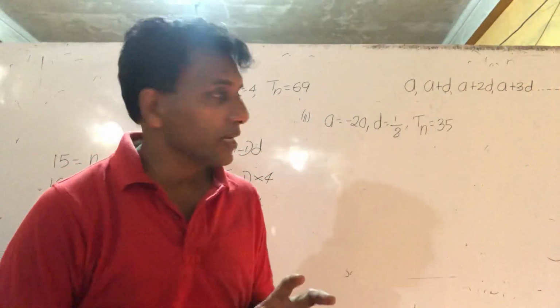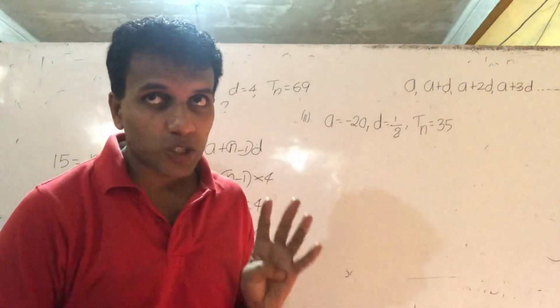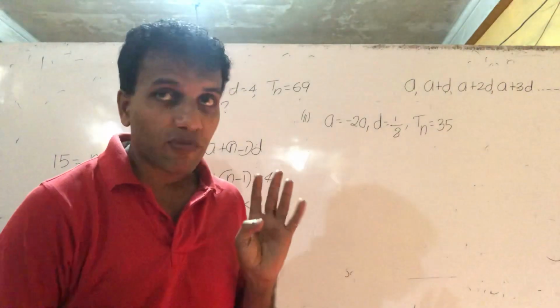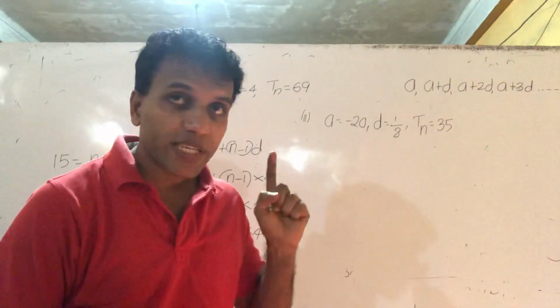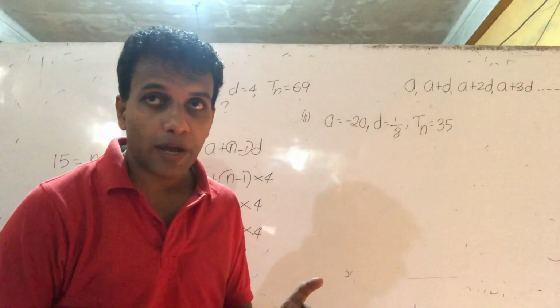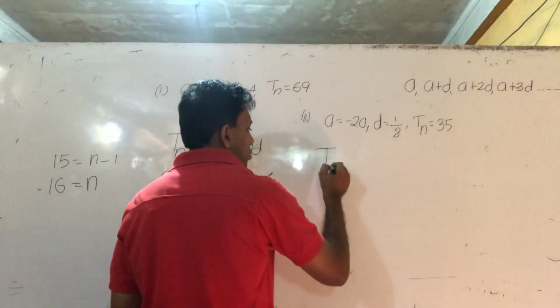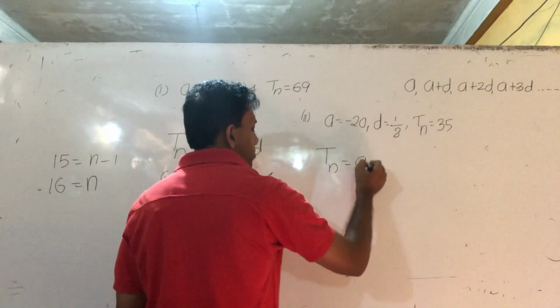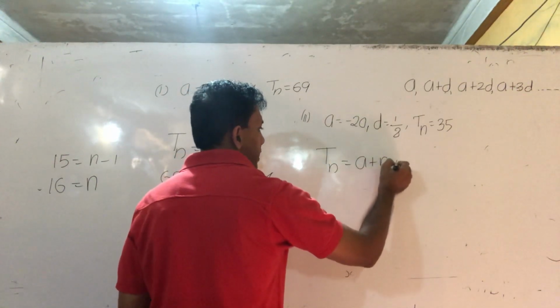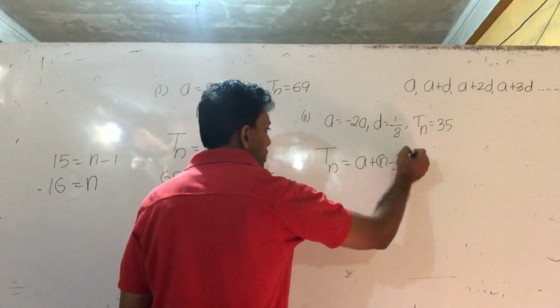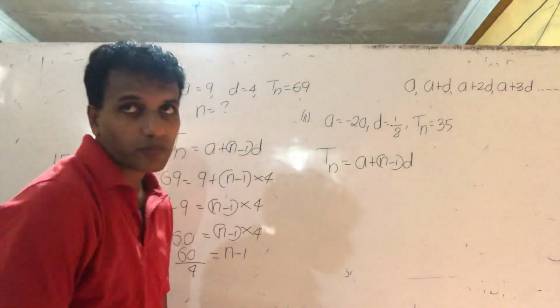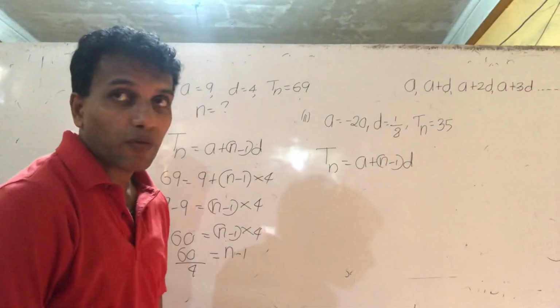There's an arithmetic series. First term is minus 20. Common difference is half. Which term is 35? Apply the Tn formula. So Tn equals a plus n minus 1 into d. Substitute everything.